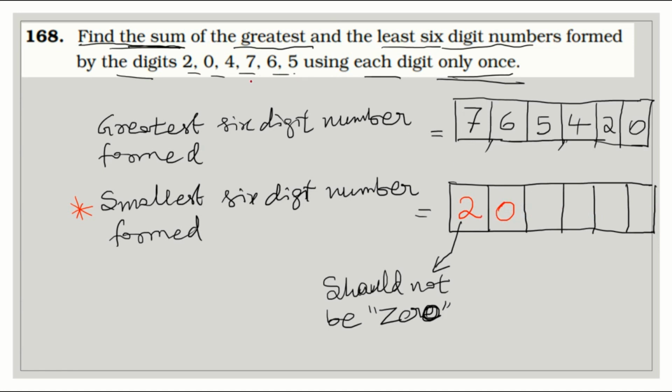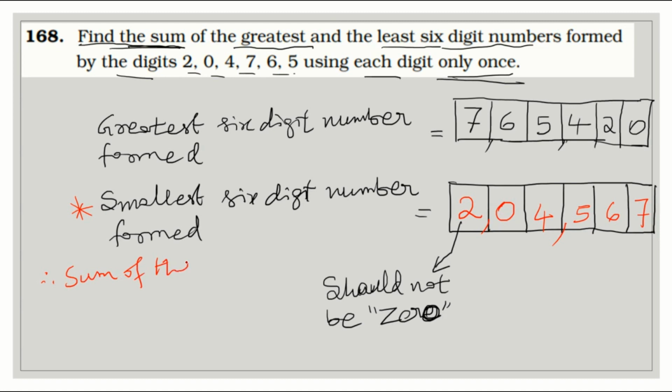So leaving 0 and 2, we have 4, little bigger than 4, 5, little bigger than 5, 6, little bigger than 6, 7, occupying the places 10,000, 1,000, hundreds, tens and units respectively. Now the smallest number formed is 2,04,567.